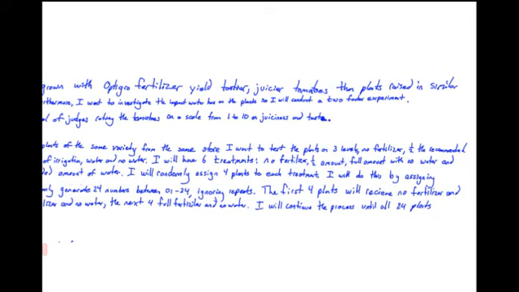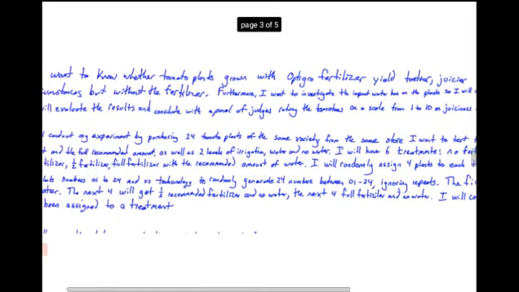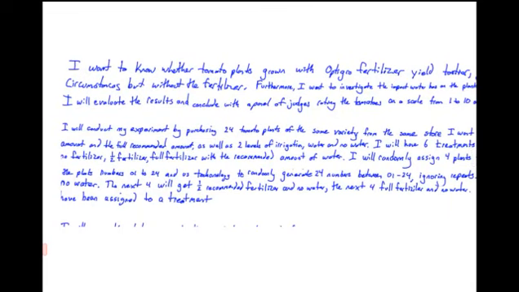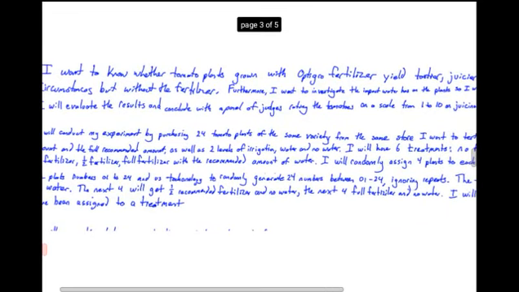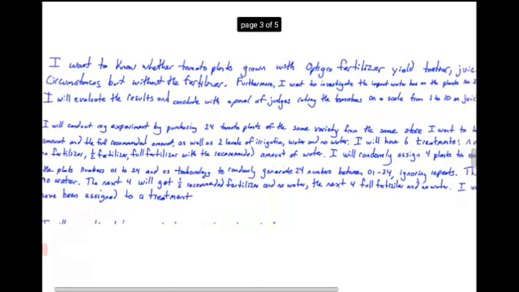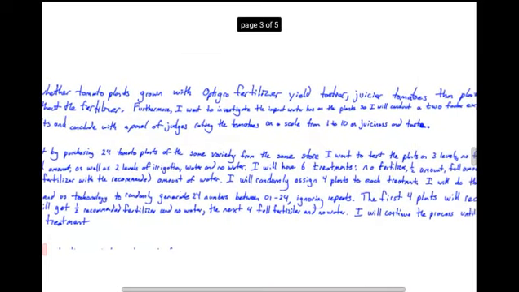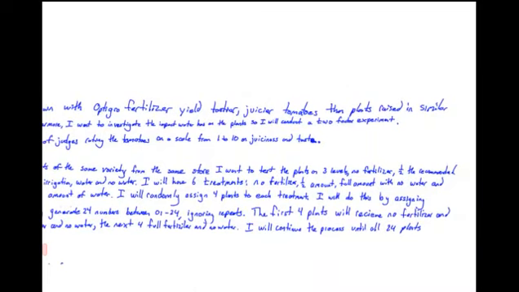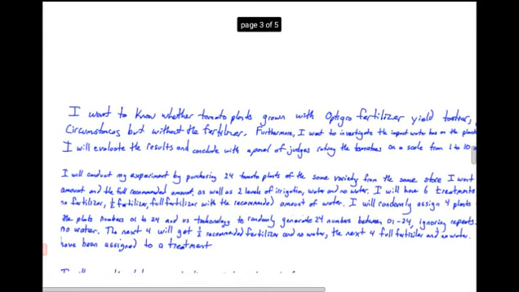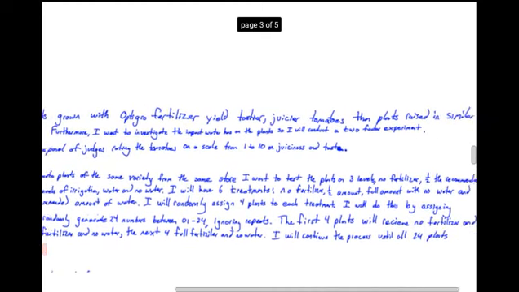So no fertilizer, half the recommended amount, and the full amount, as well as 2 levels of irrigation, water and no water. I'll have 6 treatments. So no fertilizer, half amount, full amount, with no water. Okay, and also no fertilizer, half fertilizer, full fertilizer, with the recommended amount of water. I'll randomly assign 4 plants to each treatment.